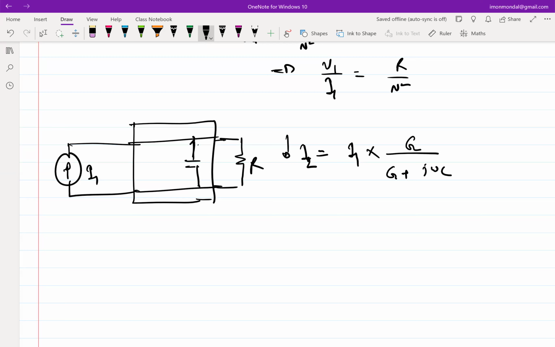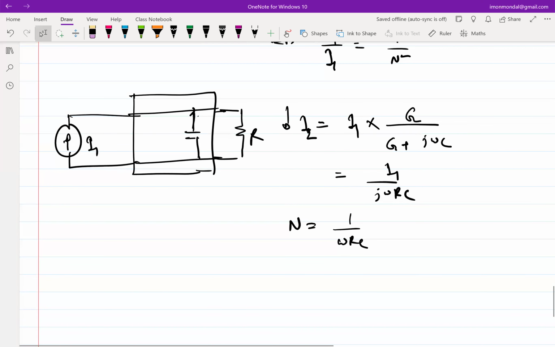And let's say you want the step down to be a decent fraction, a large fraction. What can you neglect? You can neglect G. So this becomes I1 by j omega RC, right? So your step down fraction is how much? Your N is now 1 over omega RC, right?